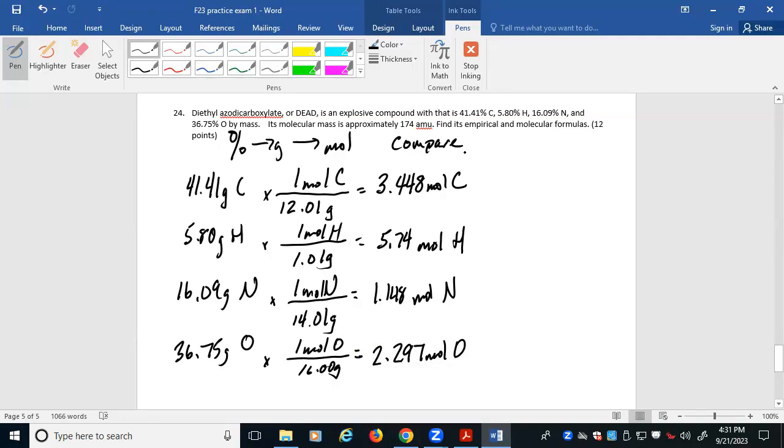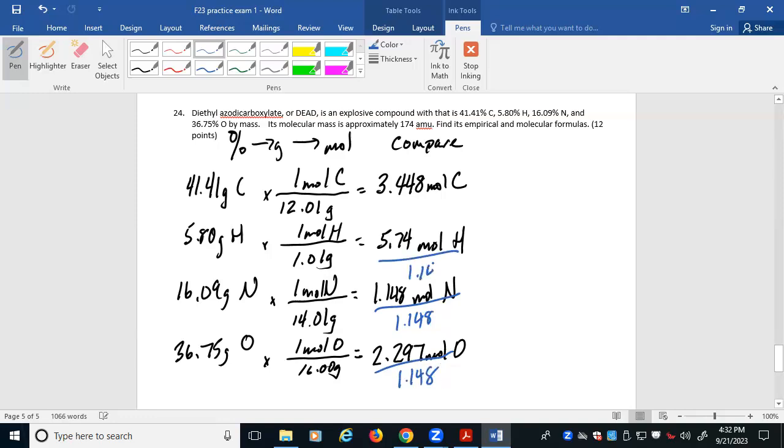All right, last step here is comparison. What do we do from here? Right, before we round, we've got to standardize. Standardizing means we're going to take the number that's the smallest and we're going to divide everything by that number.